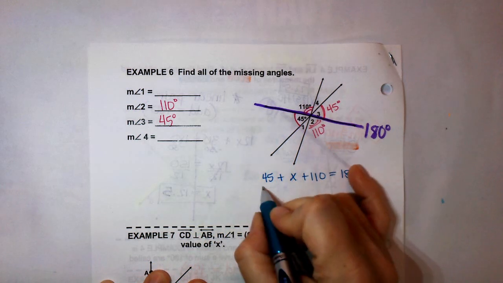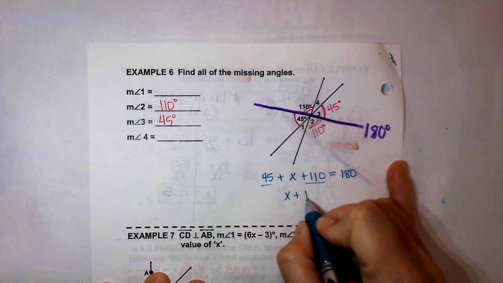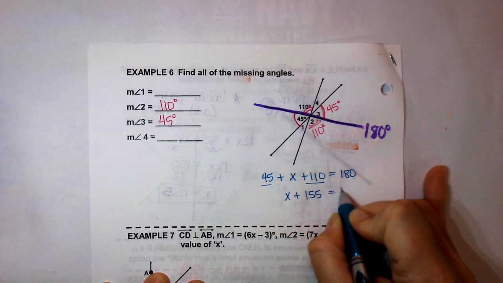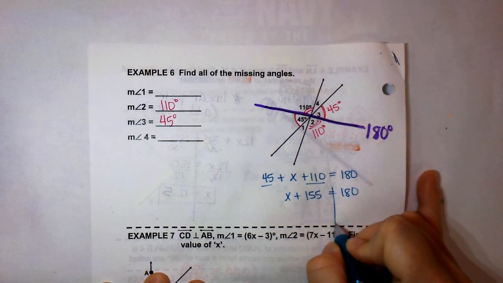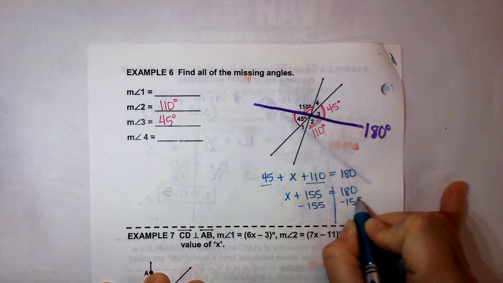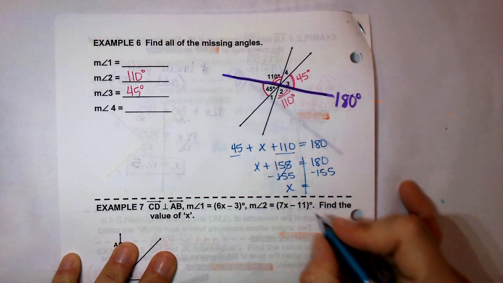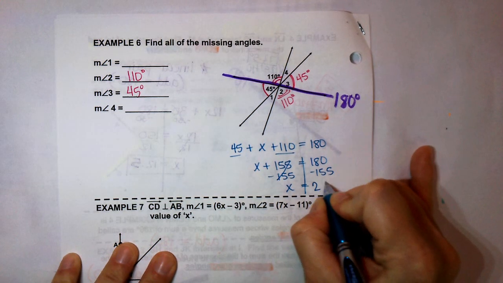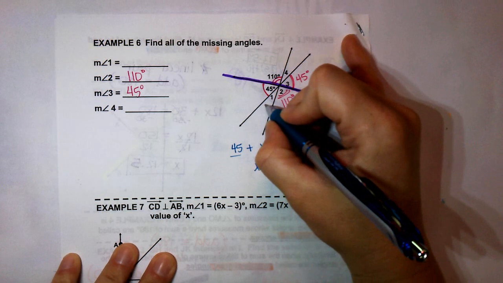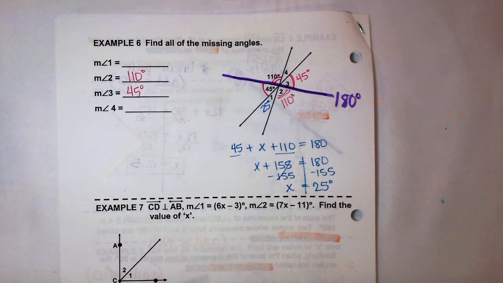So add 45 and 110, 155, and then equals 180, and minus 155. So x equals 25. So if angle 1 is 25, then what is angle 4? 25. Good.